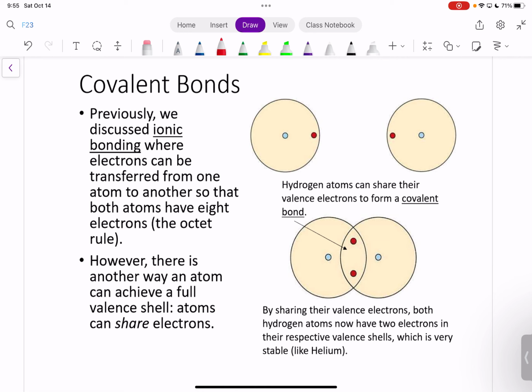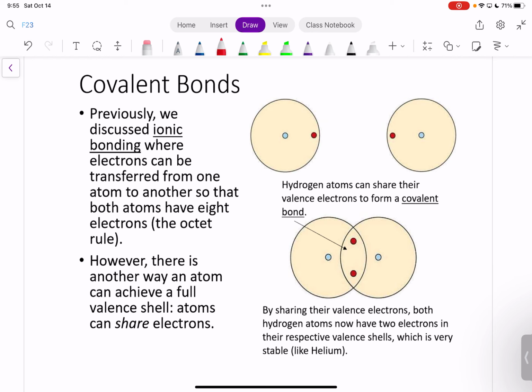So we talked about ionic bonding in the last chapter, and we said when electrons can be transferred from one atom to another, so that both atoms have those 8 valence electrons or a full valence shell. Remember that for hydrogen and helium, a full valence shell is just 2 electrons, and that's just because the 1s subshell can only hold a max of 2, so they're okay just having those 2 electrons.